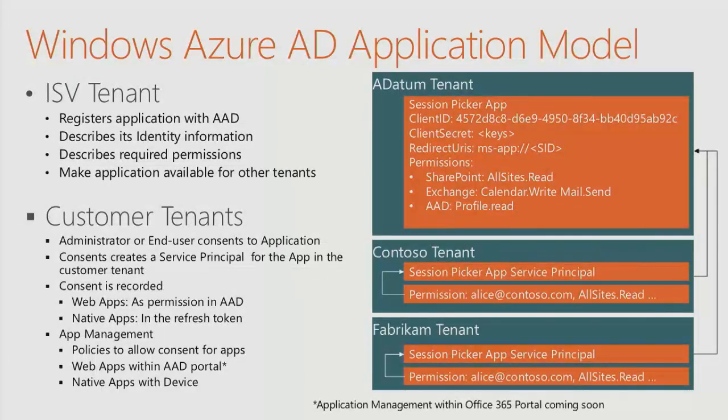We create certain entries there that help the Office 365 organization see, hey, these are the applications my users have consented to. They can be managed there, they can be revoked there, and you can do all kinds of interesting app management and see what's going on with the application there.